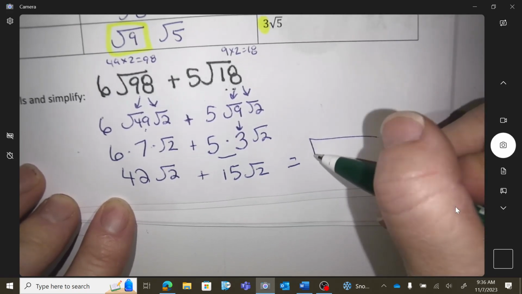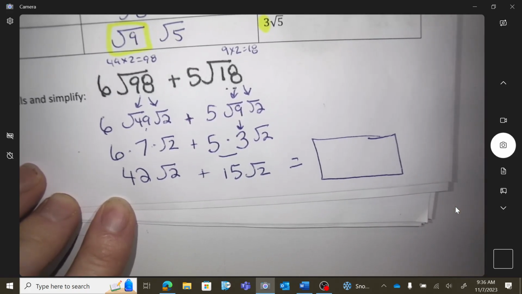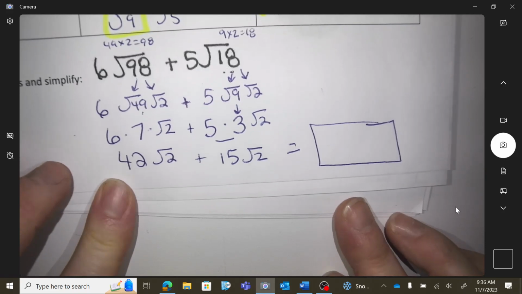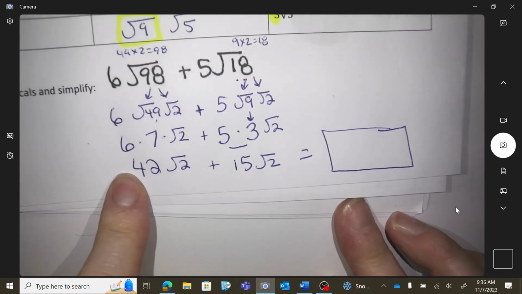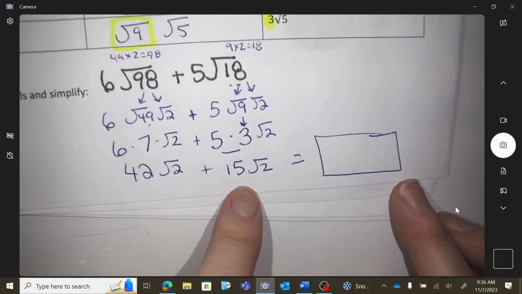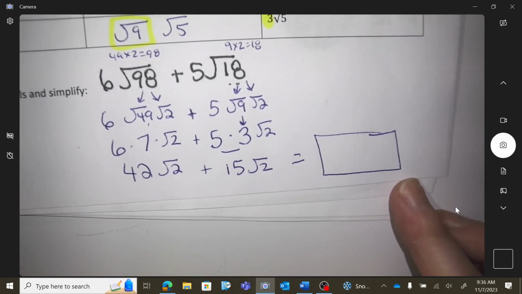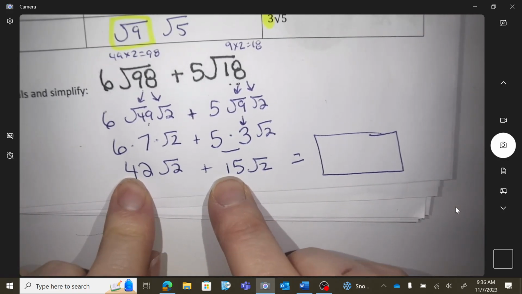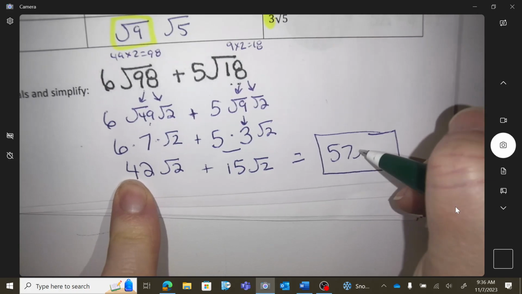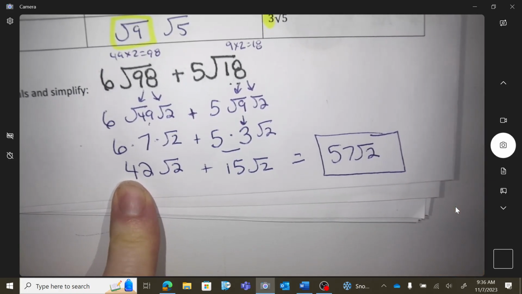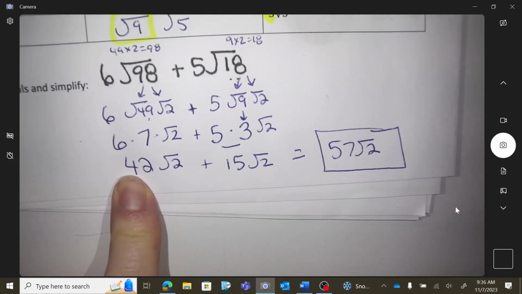Okay, then you can actually take this one a little further. If I have this many root 2's plus this many more root 2's, you can think, how many root 2's do I have as a total? And that's my final answer. You have 57 of those root 2's.